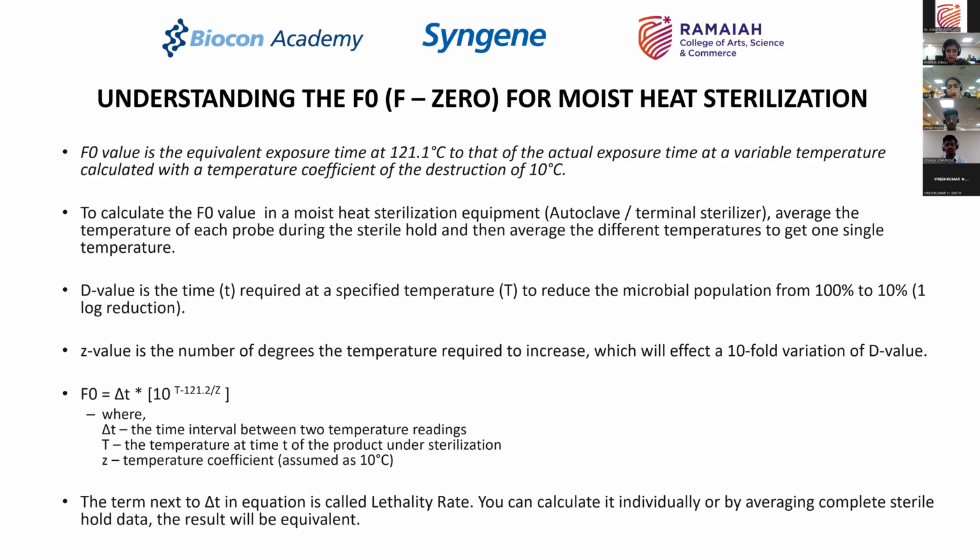So I have to feed Z into the system and say that for this particular organism that I know, in this case Bacillus stearothermophilus, my Z value is so many degrees centigrade. To get 1 log reduction, I need 10 degrees centigrade, for example, or 5 degrees centigrade.